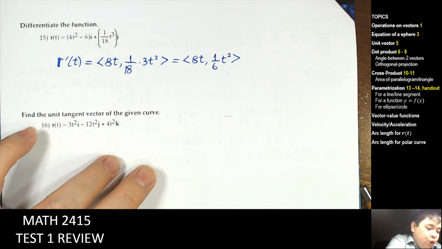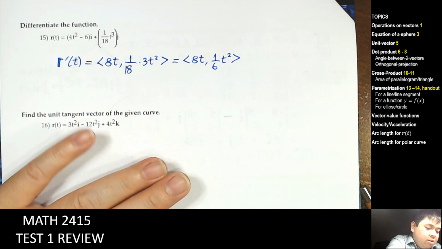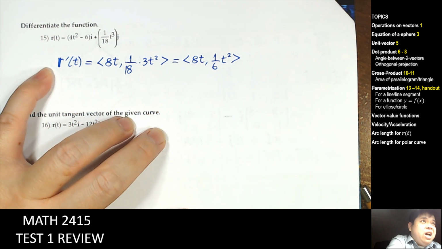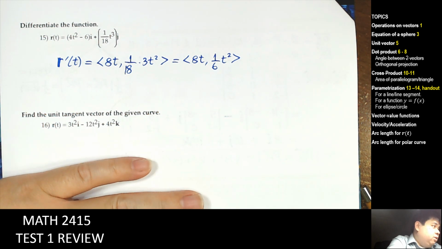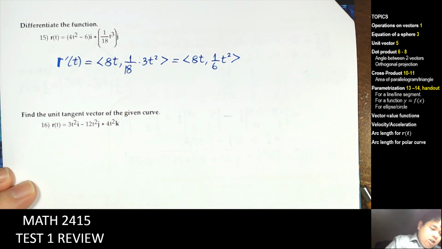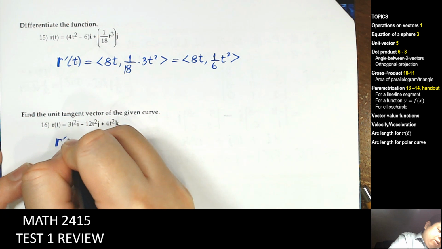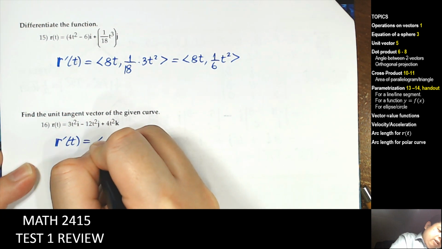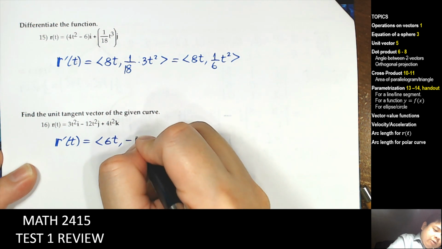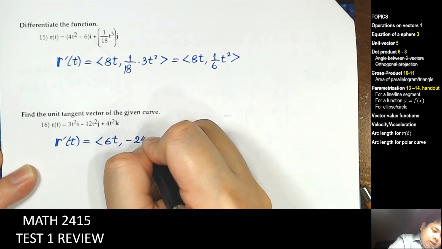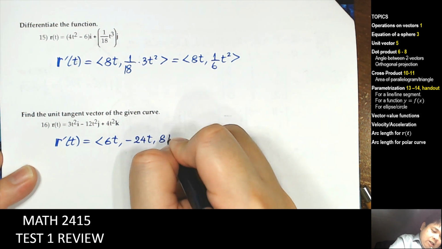Next, the unit tangent vector. This is also the tangent vector. Now we just need to take the derivative and divide by its magnitude. So the derivative is 6t, negative 24t, and 8t.